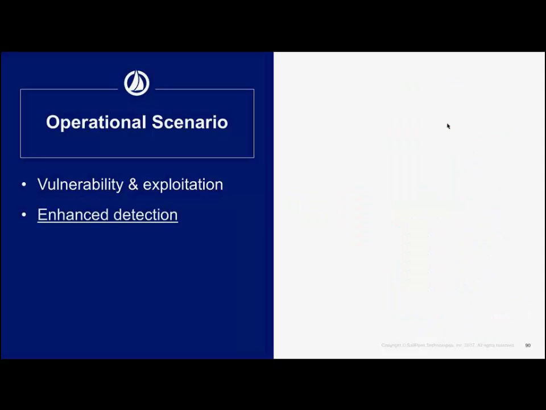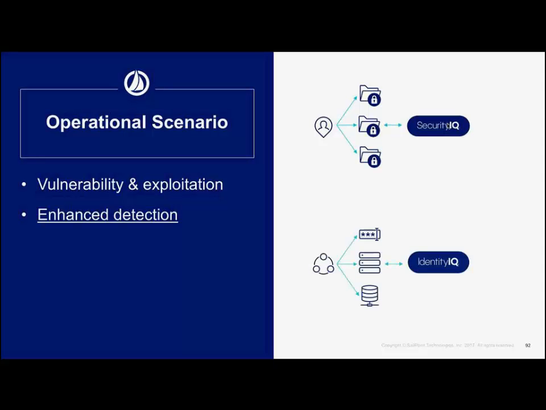Now, this is where the identity-aware infrastructure can kick in and start providing some enhanced detection. Fortunately, in our scenario, SecurityIQ, our data access governance solution, was watching that finance share like a hawk, as they say. So it immediately noticed that there were odd things happening, odd behavior, and the telltale signature of ransomware file encryption was happening.